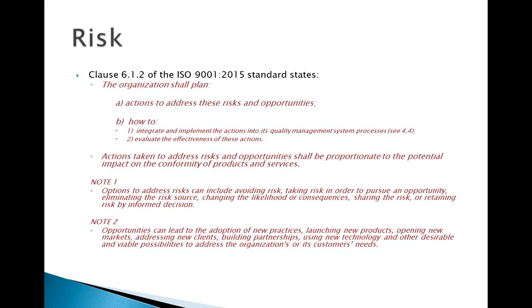So again, it's emphasized this is not about having a separate process. This is about thinking in terms of risks and opportunities and incorporating those things into your existing processes. And then once you've done so, have a means to evaluate the effectiveness of those actions.